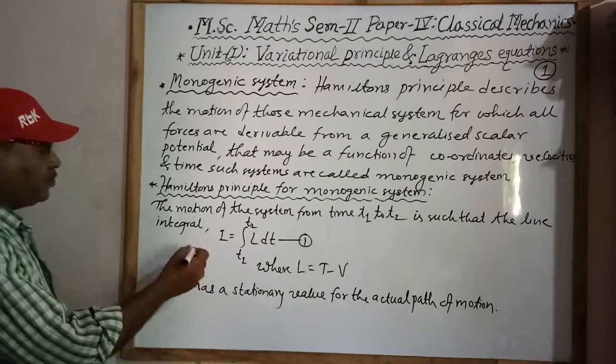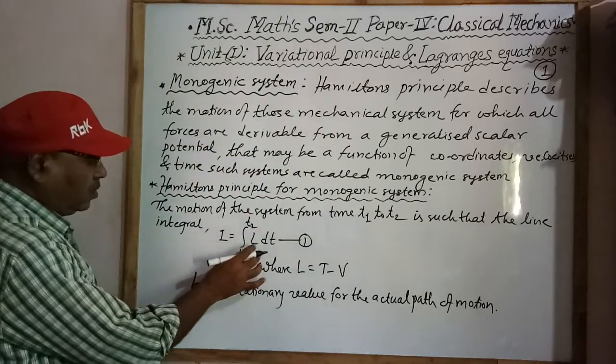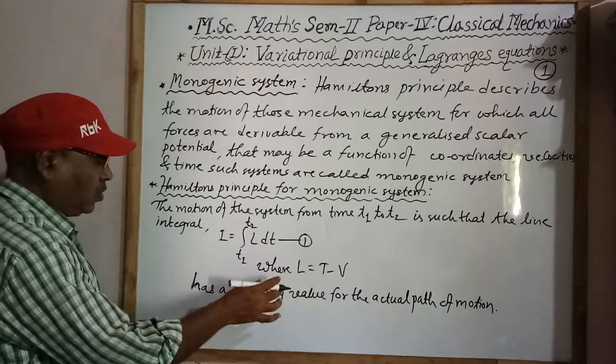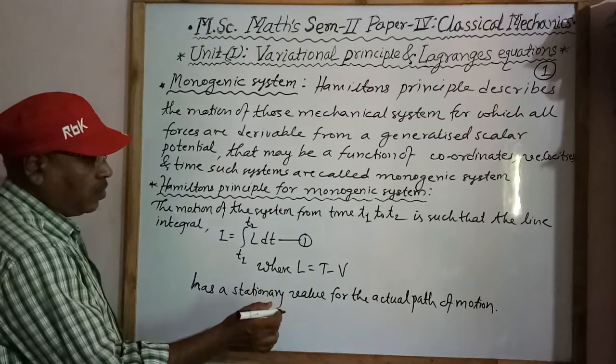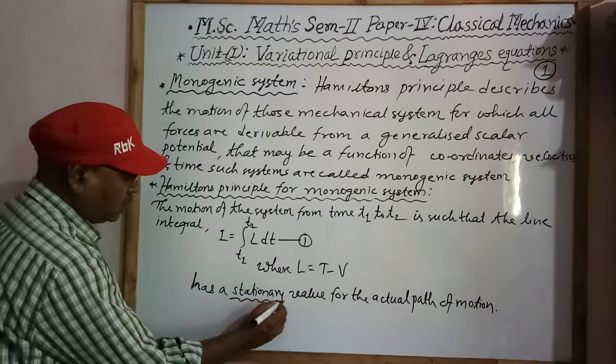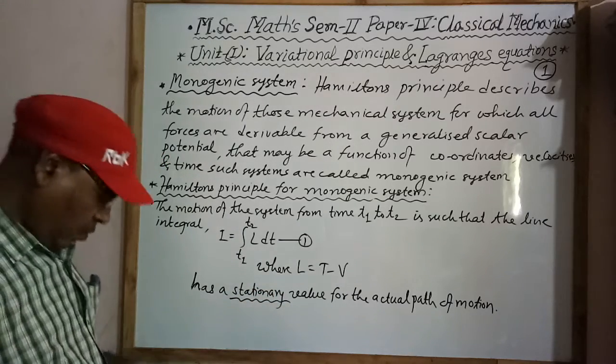That is, the principle is this line integral L dt from t1 to t2 has a stationary value for the actual path of motion. Stationary value means maximum or minimum value.